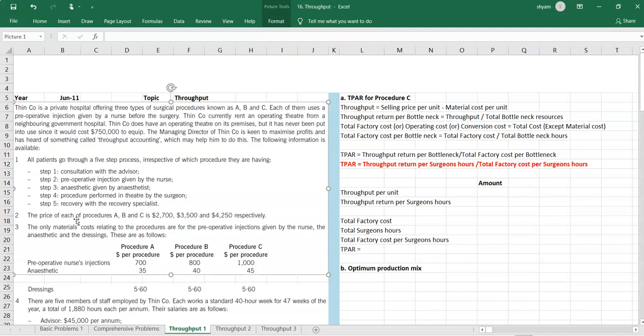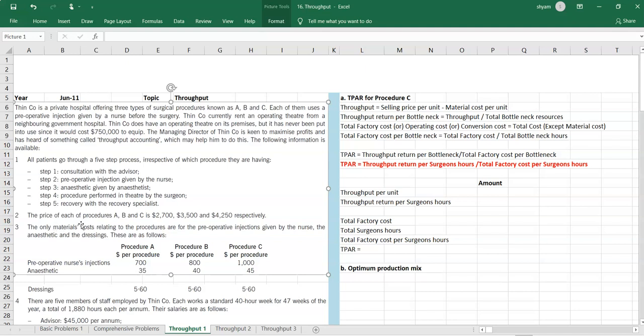The price of each of procedures A, B, C is 2,700, 3,500 and 4,250 respectively. The only material costs relating to the procedures are the pre-operative injections given by the nurse, the anesthetist and the dressings. Okay, so these are the material costs.